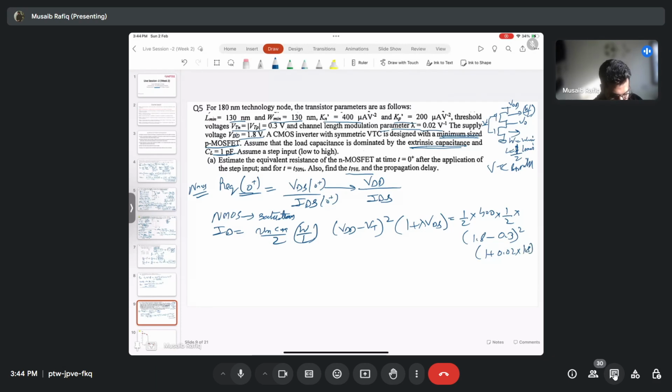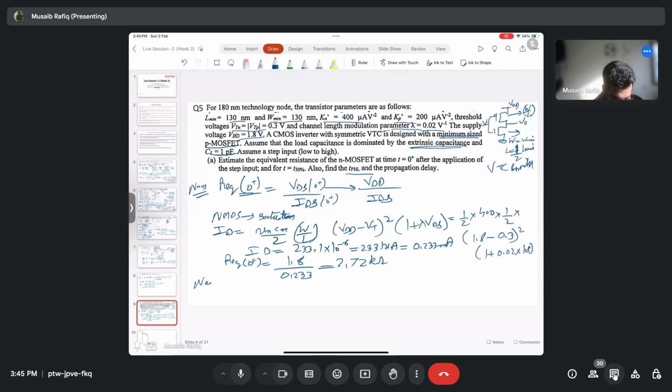If you do the maths, ID comes out to be 233.1 times 10 raised to power minus 6, that is equal to 233 microampere, which is 0.233 milliamps. So R equivalent at 0 plus will be equal to 1.8 divided by 0.233, so it will be equal to 2.72 kilo ohms.